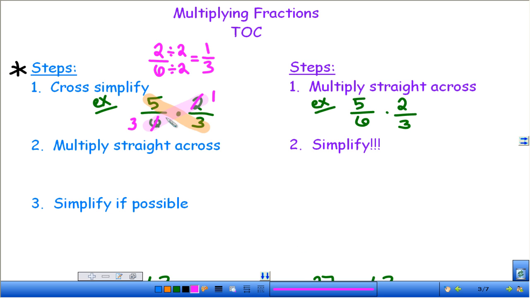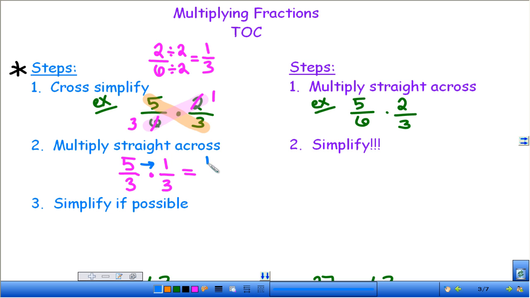But once you do your cross simplifying, all you do is go to step 2, and I'm going to rewrite this. So we now have 5/3 times 1/3. And it says multiply straight across, which means we're going to multiply our numerators.